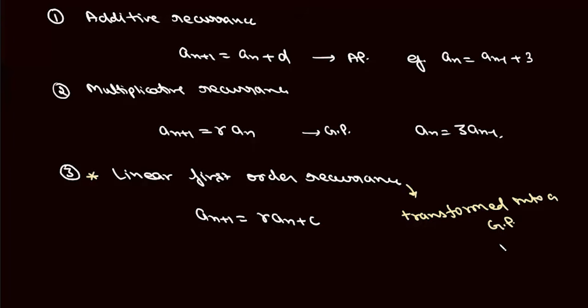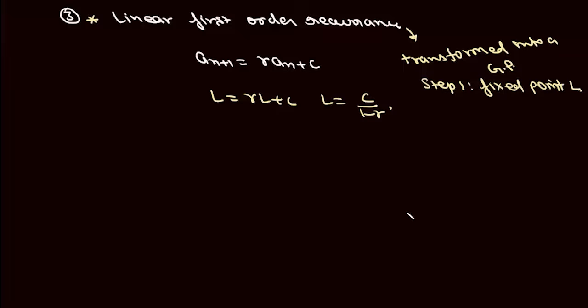To transform it to a GP, step 1 will be to find the fixed point L. So we'll replace these a_n with L. So we can simply write L equals rL plus c, or L will be c upon 1 minus r. And then we'll subtract this L both sides. We'll form a pattern of a GP.